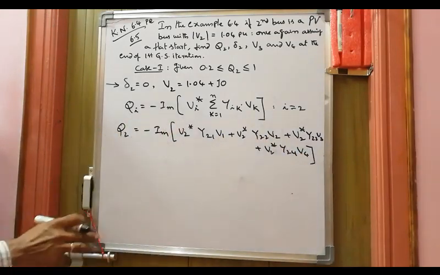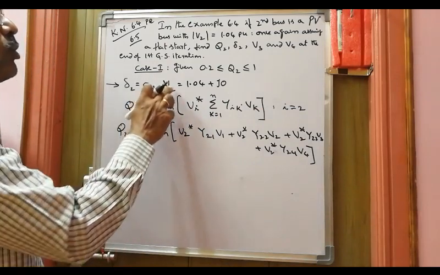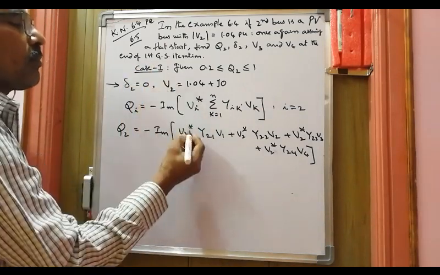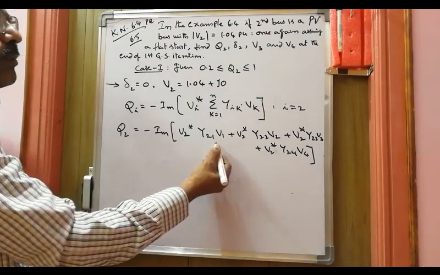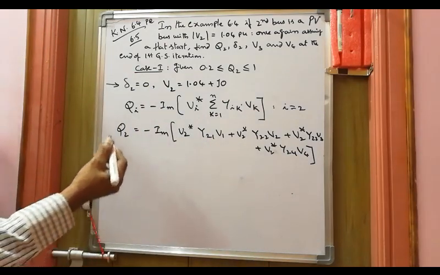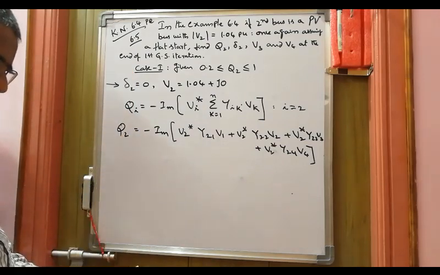These are the terms you get. In all these, V2 is given. What is V1? V1 is already given as the slack bus voltage, is it not? So you can substitute that as it is.